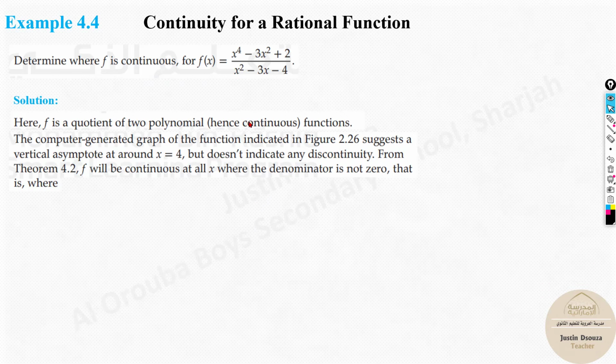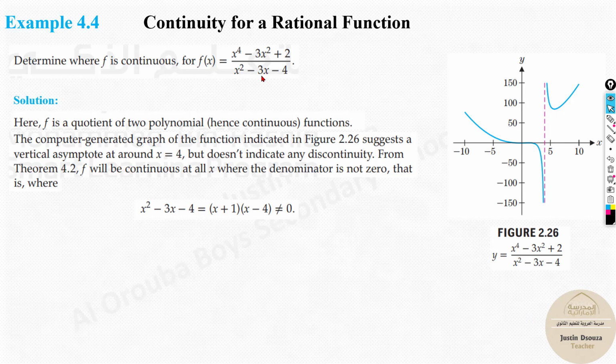Now determine whether it's continuous. So over here you can see there is a denominator, right? So be very careful, because there's a denominator, you need to equate this to 0 and solve, because there are 2 points. See, the graph might mislead. There are not only one, there are 2 points where you will have a hole.